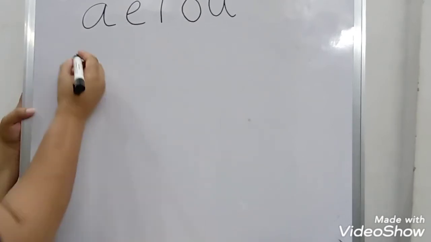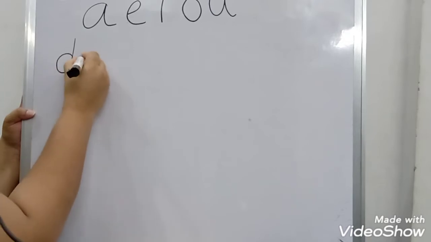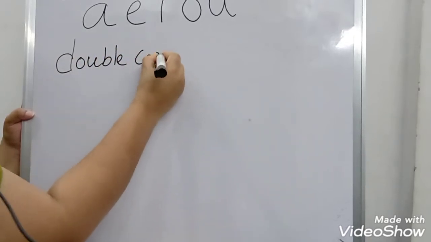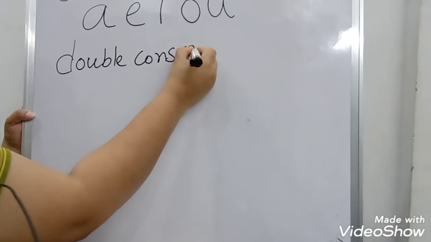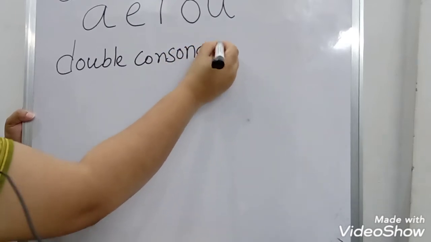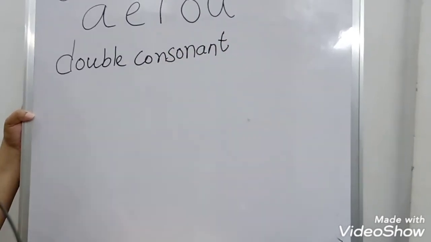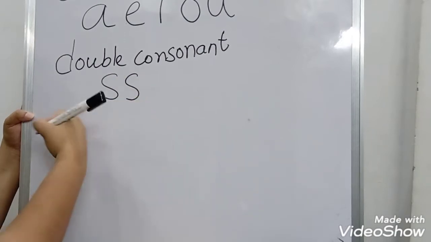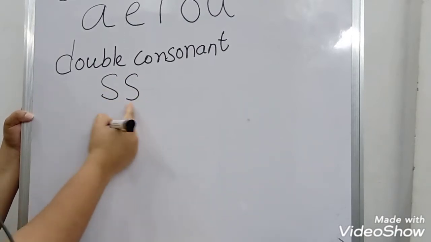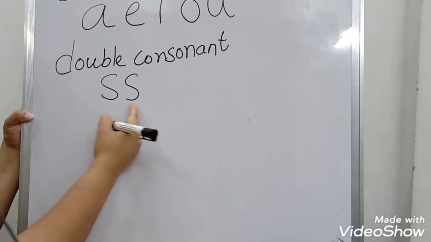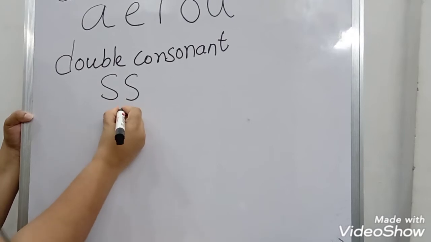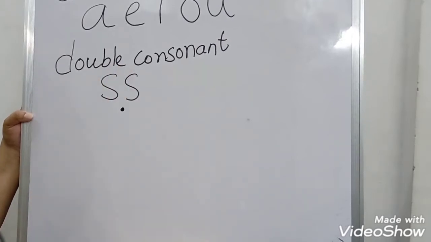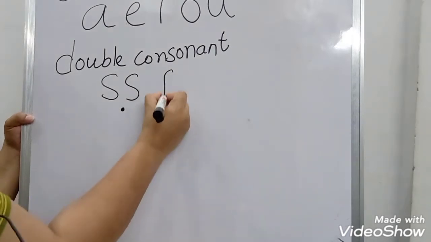This I have also told you with double consonants. Like if you see in the video, when the blending is done, if S and S are next to each other, we said it will sound only once. Double consonant, like F.